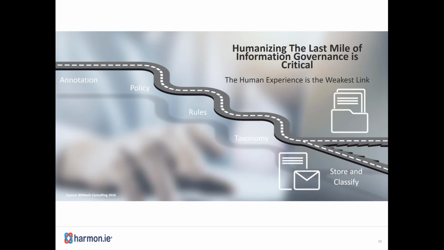But if you don't actually get the emails and the documents into the system, the initiative won't work. That's why the user experience for typical business users is critical, making it easy for them to do the right thing so they don't have to learn new work habits.